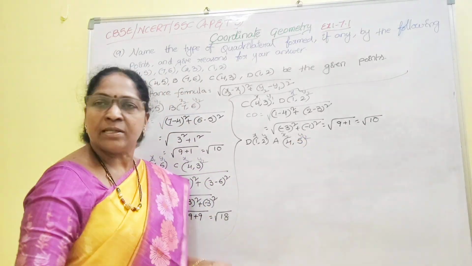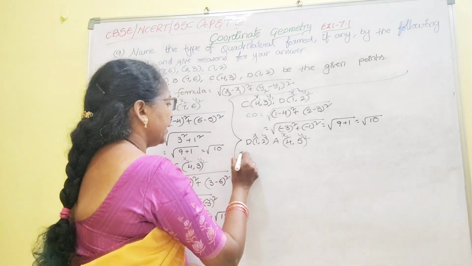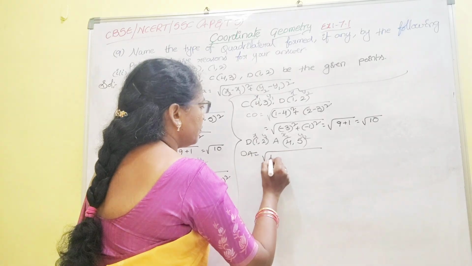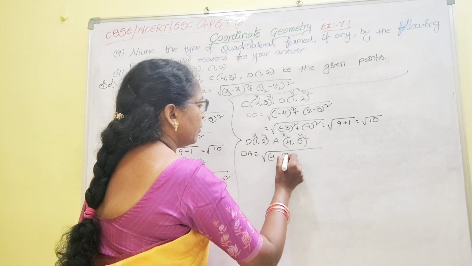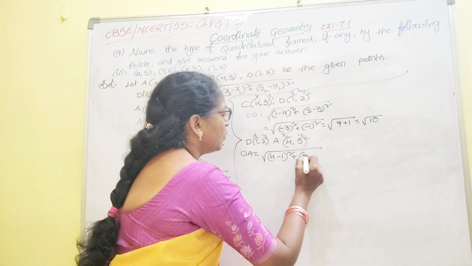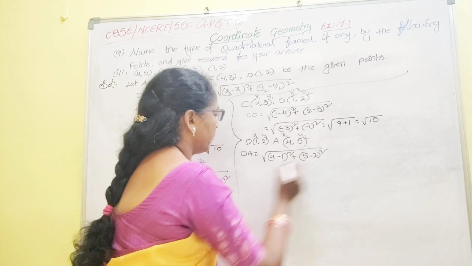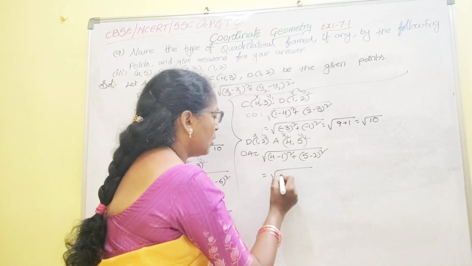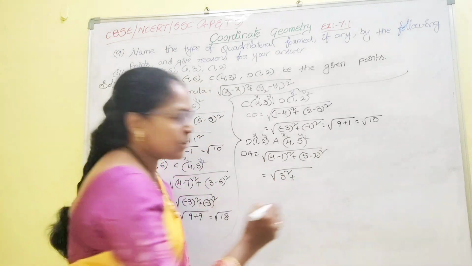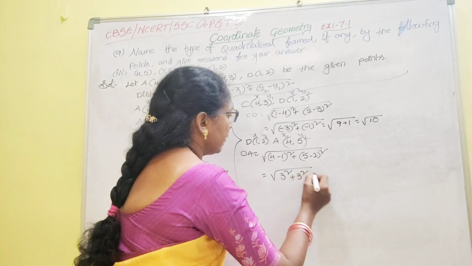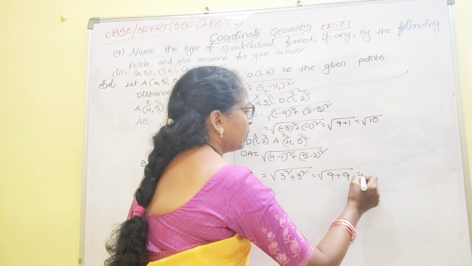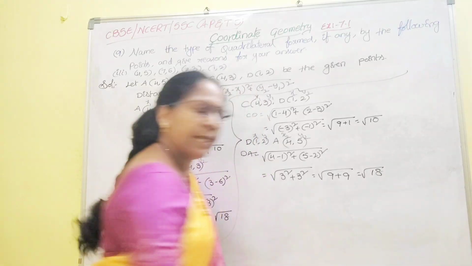Now distance of DA or AD, where DA equals square root of (x2 is 4 minus x1 is 1), (4 minus 1) whole square plus (5 minus 2), (y2 minus y1) whole square. That equals square root of 4 minus 1 is 3 square plus 5 minus 2 is also 3. So 3 square equals square root of 9 plus 9 equals square root of 18.